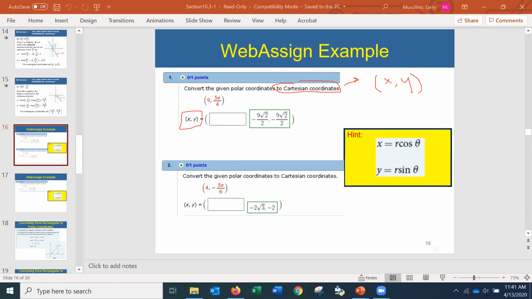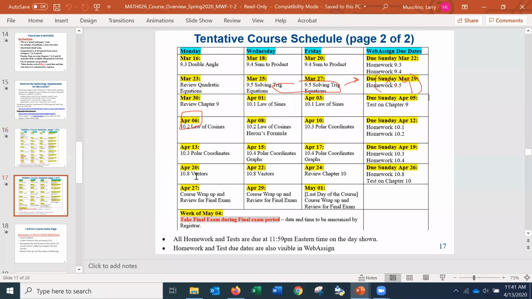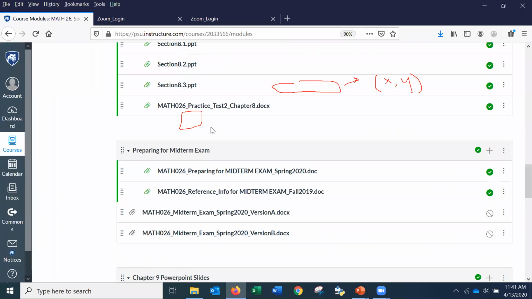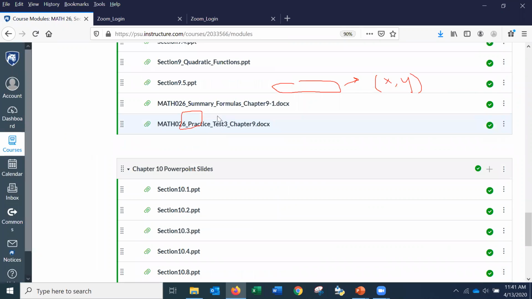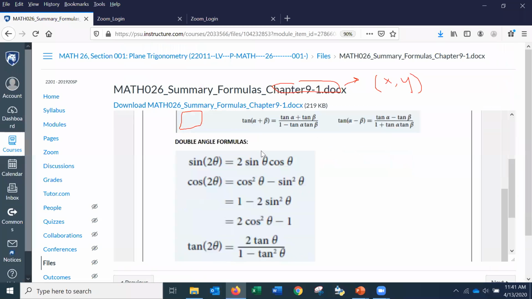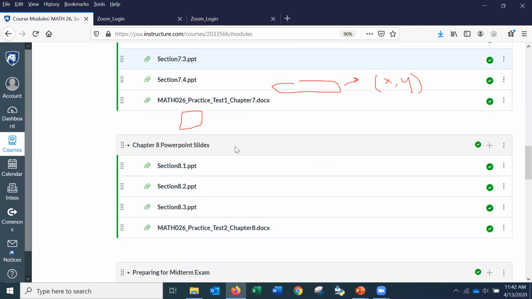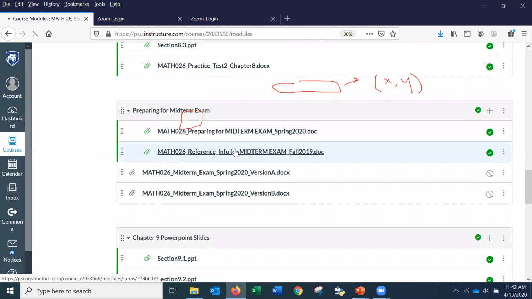All right. Let me also bring up the unit circle, by the way, just to help us out. Bear with me one second. Let me go to the unit circle. I'm going to go to the chapter 9 summary. So I think the unit circle is there. Oh no, it's not there. Okay, let me go to the midterm reference.